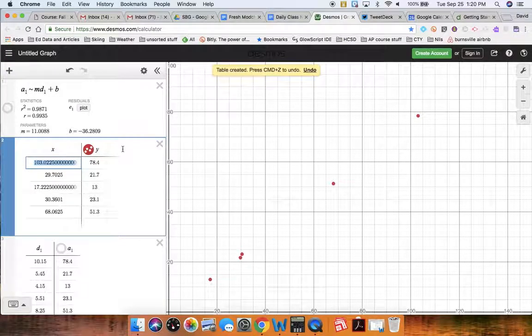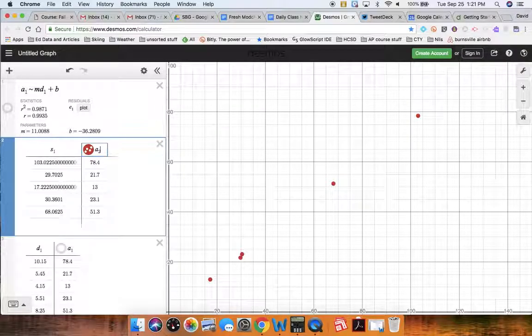If I click on that, a table appears, and it's just a table that has those data. So X was the diameter squared data. I'm just going to change that to be a little bit more meaningful by making it S, and I'm going to put S1 there so it recognizes it as a table. So S for squared. And then Y, I'm going to change that to area because that's what it is, but I already have A1 being used, so I'm going to change that to A2.